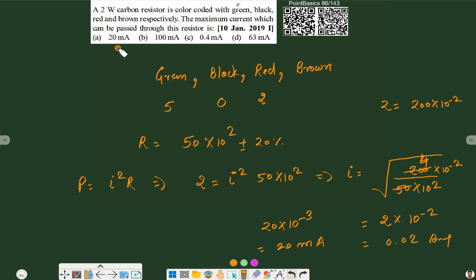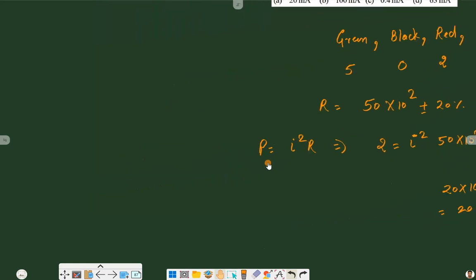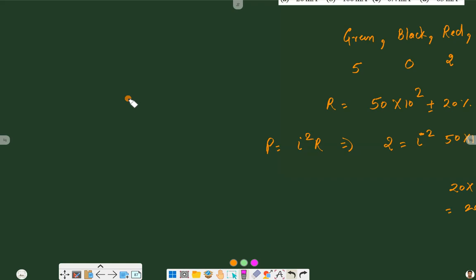And you can also have a doubt that as this resistance has 20% tolerance, 20% value can vary. So to find the maximum value, because we have to find the maximum current, R should be minimum. So if we take this 20% on the lower side for this resistance, let me explain that. As we know that given resistance is 50 into 10 raised to power 2 plus minus 20% tolerance.